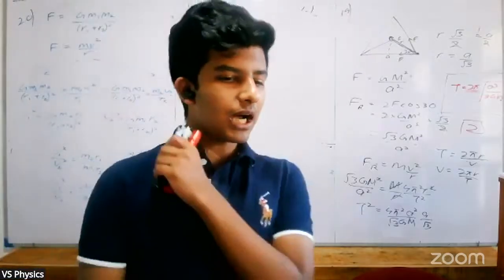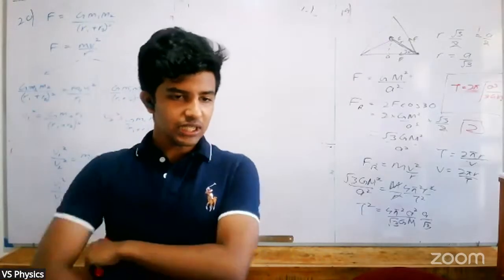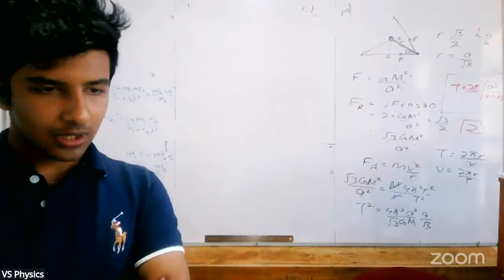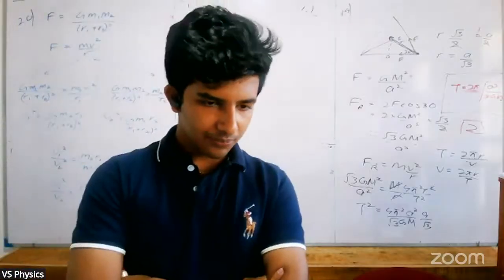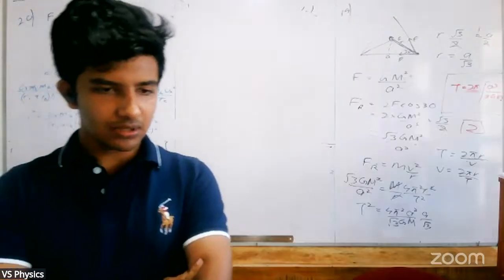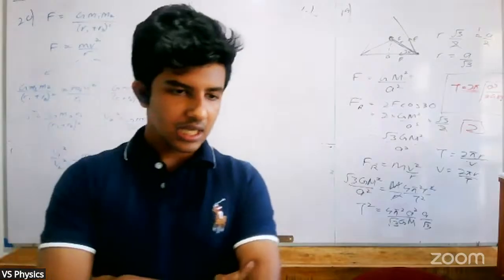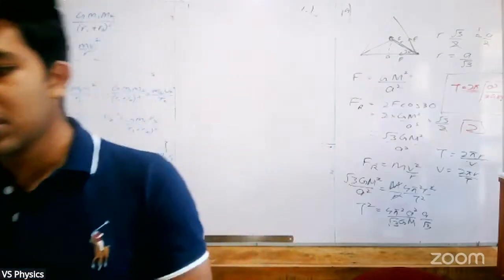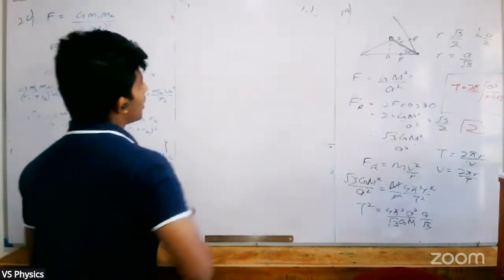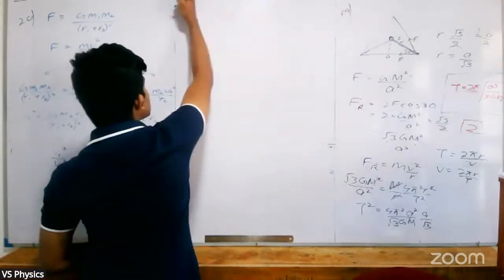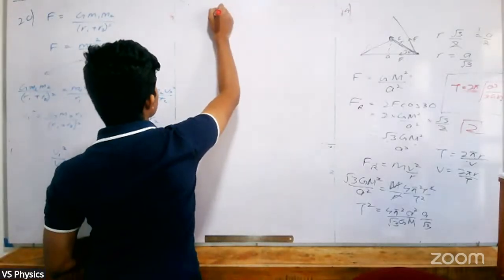Number 21. A particle of mass m is projected vertically upwards from a point P, which is at a distance of 2r from the center of the spherical planet, having a mass M and radius r, as shown in the figure. Escape velocity for this projectile is. How do we do it?